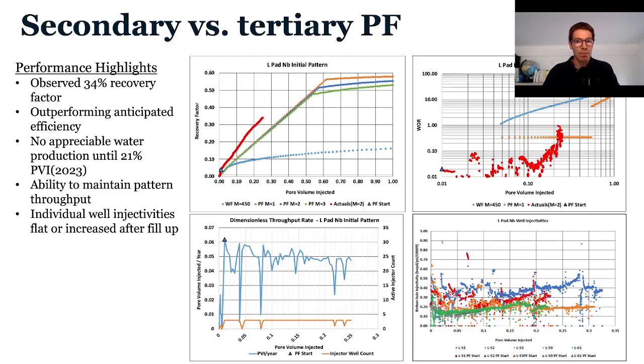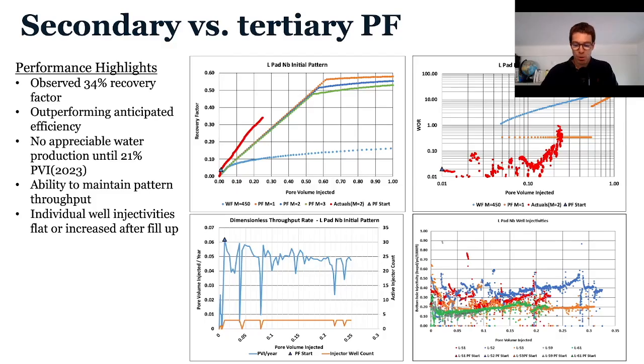And so it means that polymer as secondary works better in that case than polymer as tertiary for many reasons, which makes sense. The fact that we minimize viscous fingering, we already have a better sweep efficiency, and so we displace more oil. And the most interesting result of that is no appreciable water production until 21% of pore volume in heavy oil, which is really, really important.